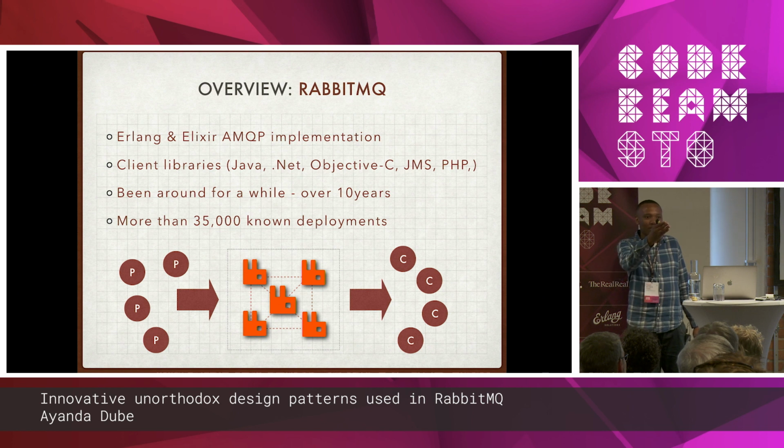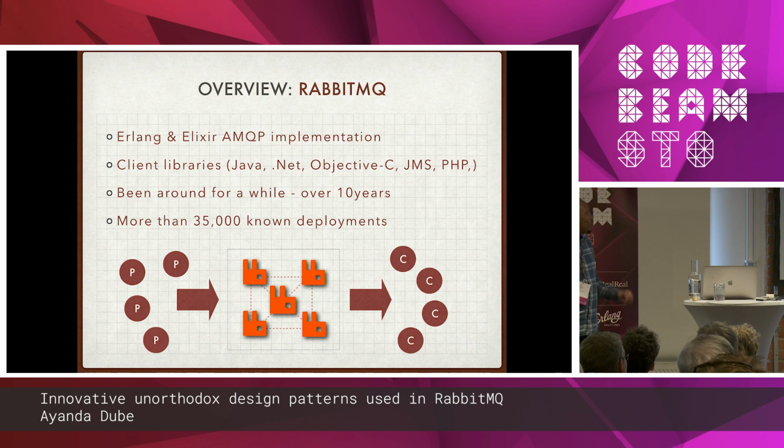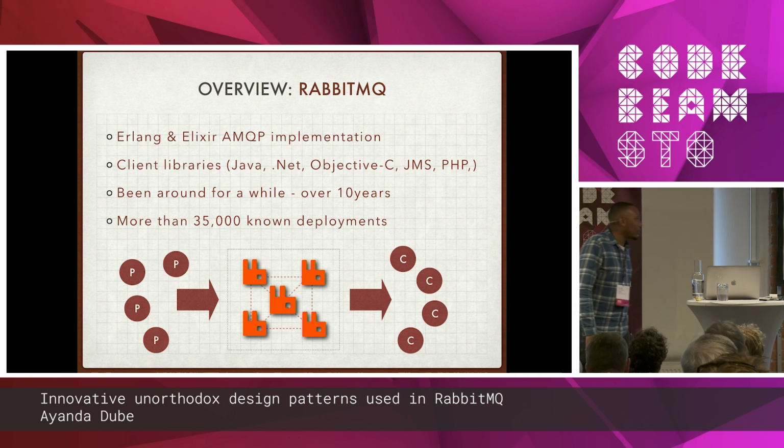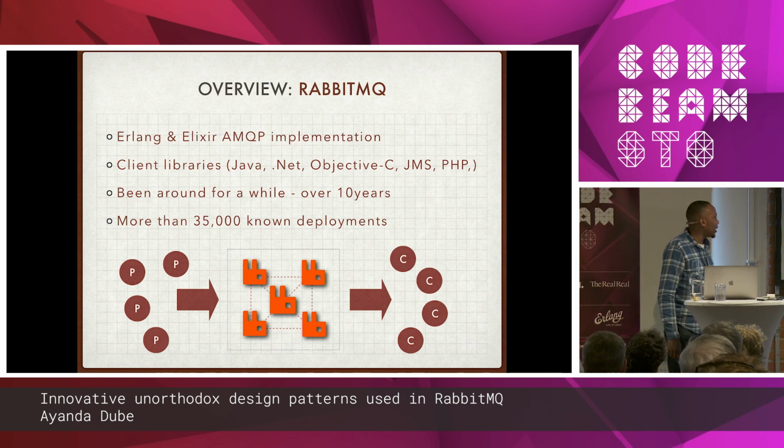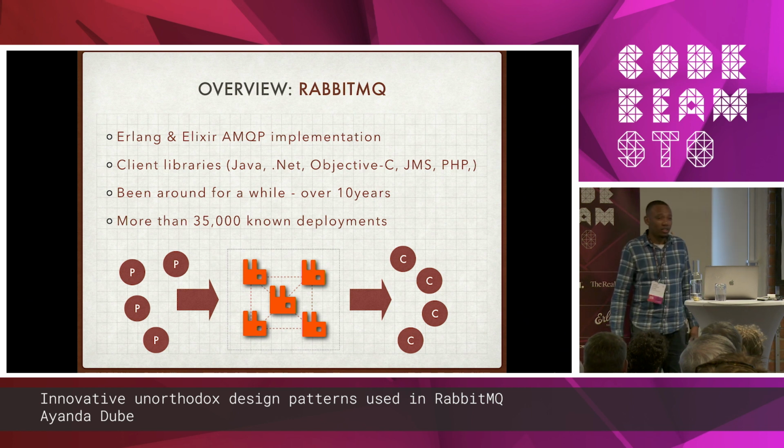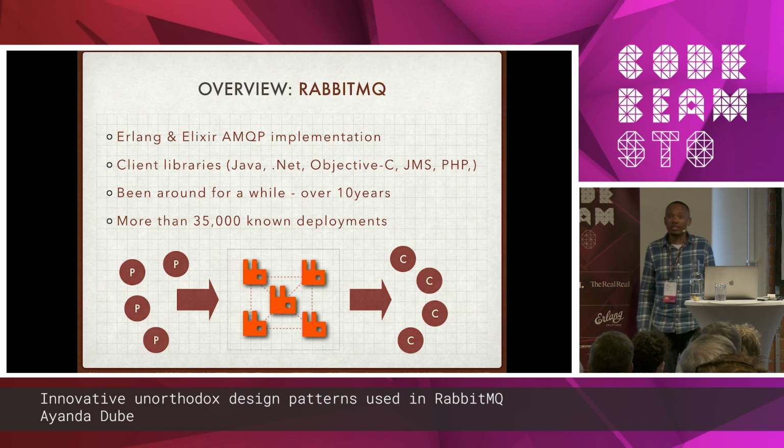I know Brett Cameron even got COBOL working with Rabbit. And yeah, it's been around for a while. I think over 10 years now. And there's over 35,000 known installations of Rabbit. So in terms of being one of the most popular Erlang systems around, Rabbit is up there.